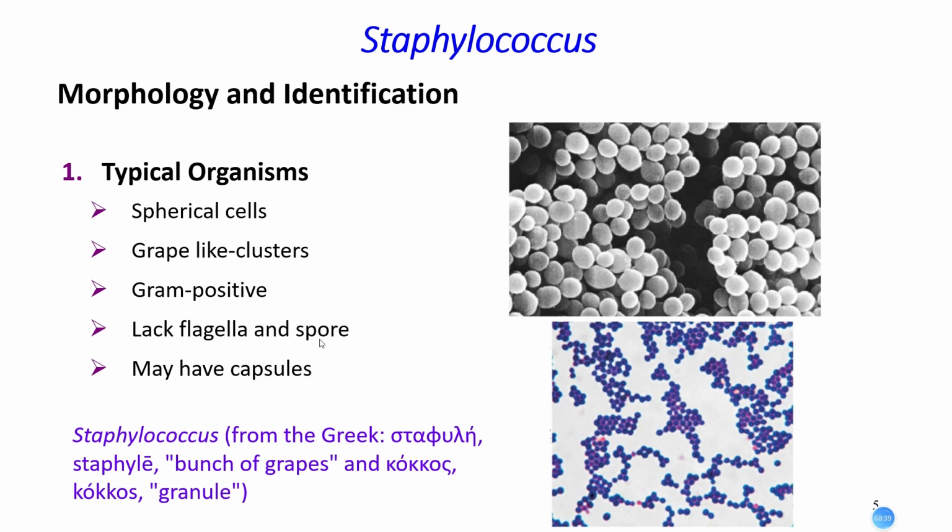In the lab, when we culture the bacteria while we shake the broth, they don't produce the capsule. But when they set up natural infection in our body, they probably will produce some capsule surrounding the cell. And that capsule is an important virulence factor to prevent phagocytosis.